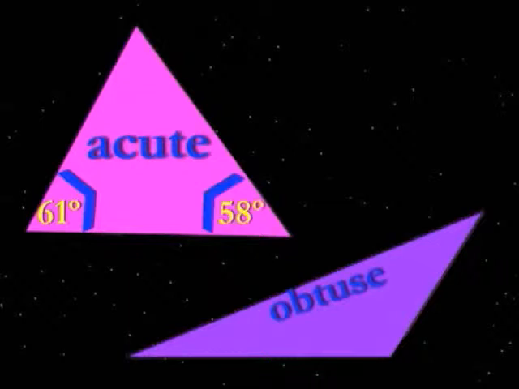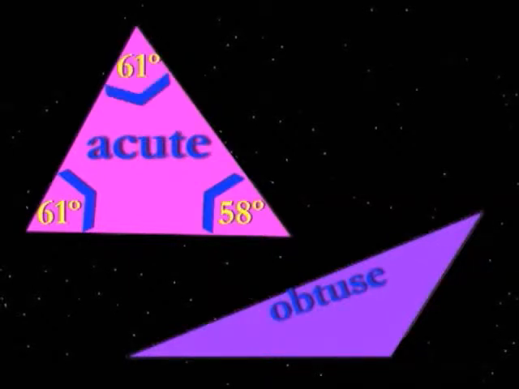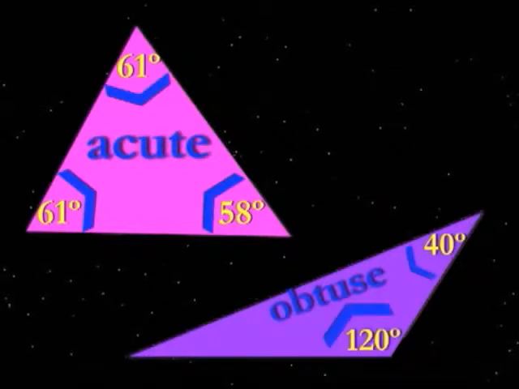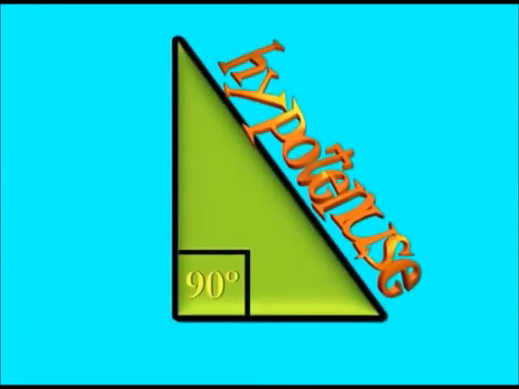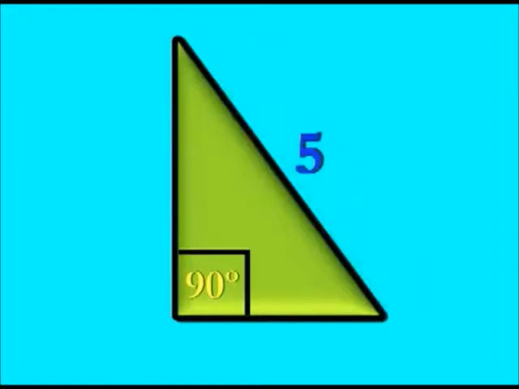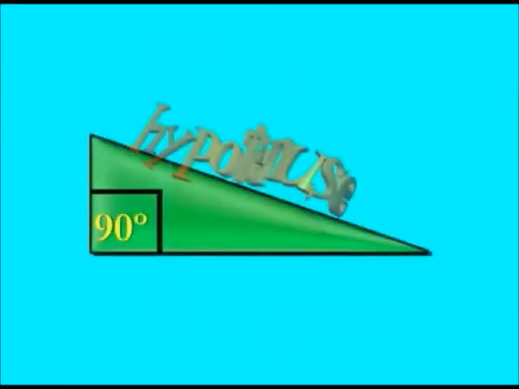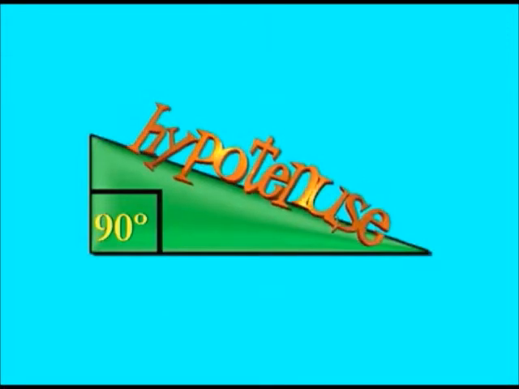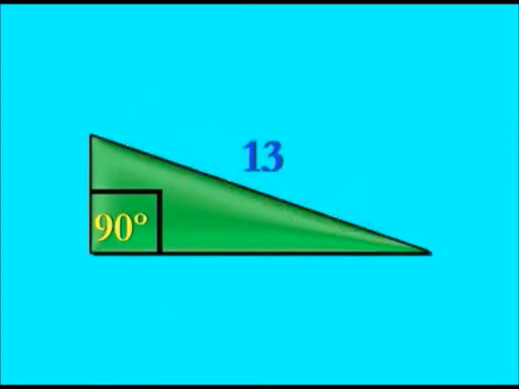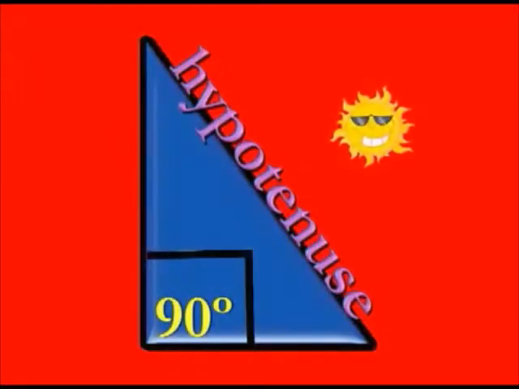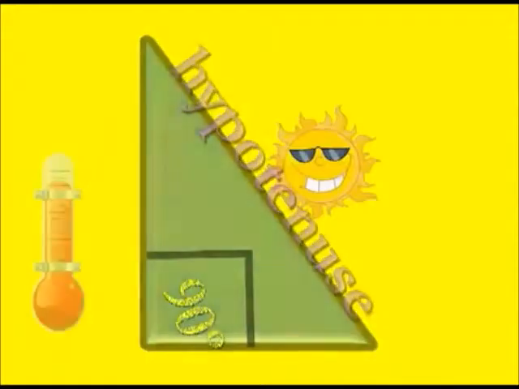Acute and obtuse have no hypotenuse now, no angles of 90 degrees. Hypotenuse, right triangle is the longest side. Triangle, hypotenuse, right triangle is the longest side. Triangle, hypotenuse. The hotness one is so burning like a flame, like the hot summer sun.